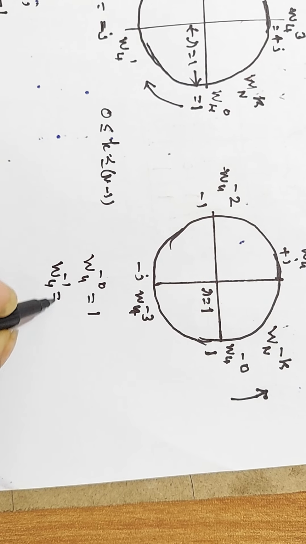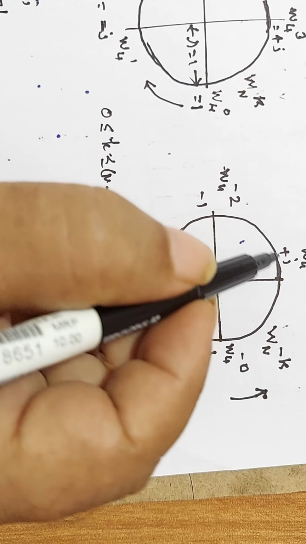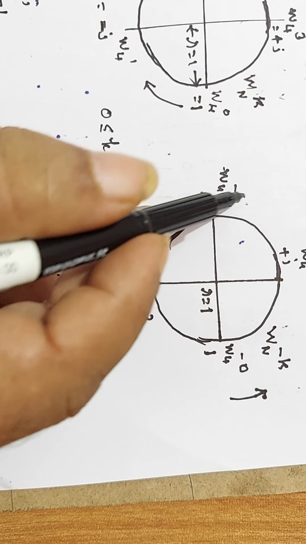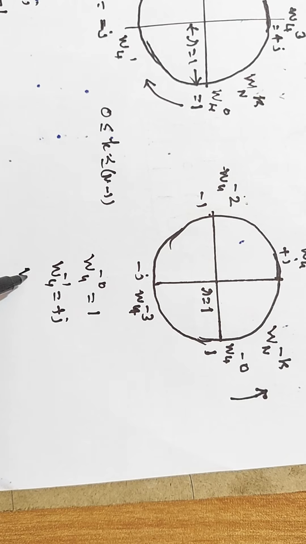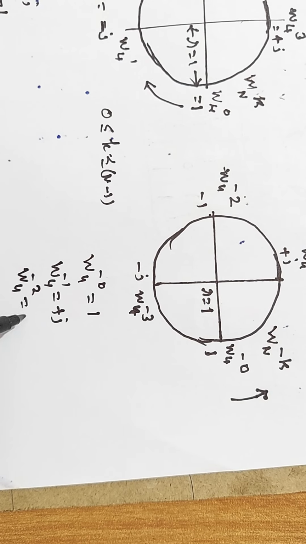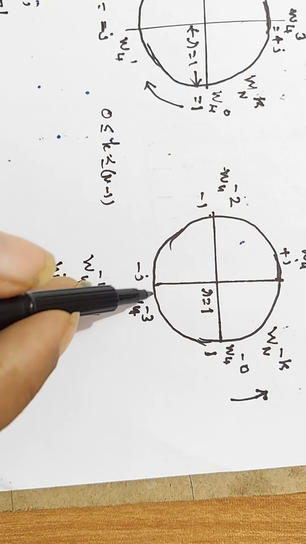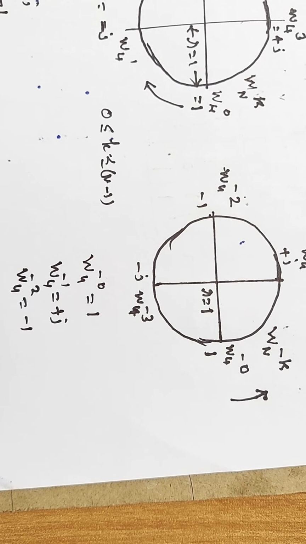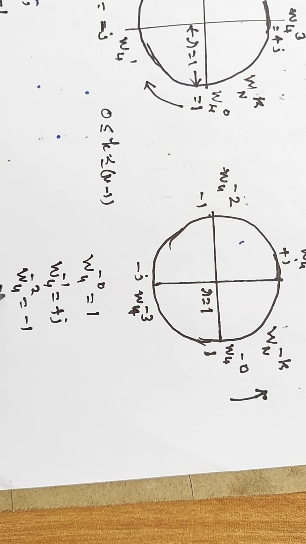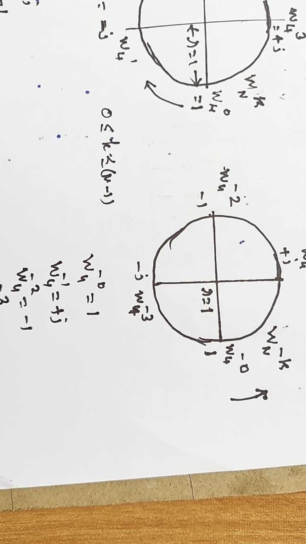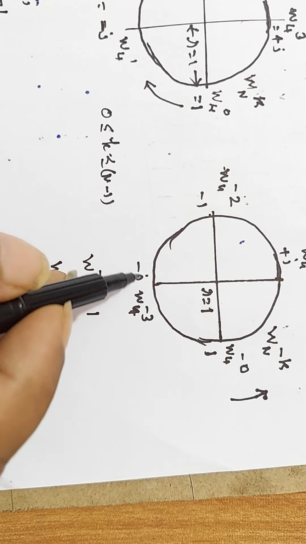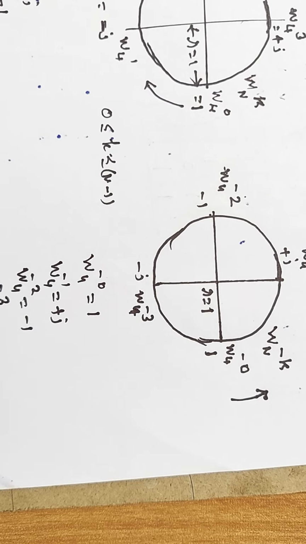W_4^(-2) is equal to minus 1. And W_4^(-3) is equal to minus j. W_4^(-3) is nothing but the 4-point DFT of the fourth sample, that is equal to minus j.